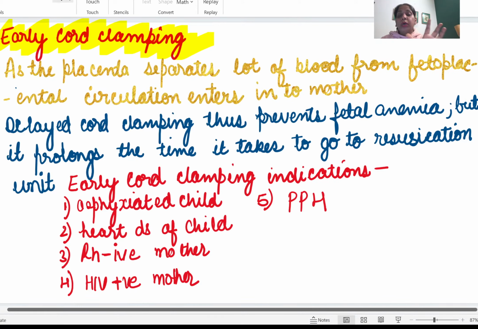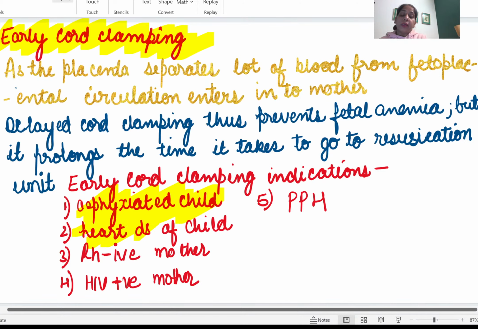So if the baby needs resuscitation, then we are going to do early cord clamping. Early cord clamping is obviously done in the asphyxiated child.